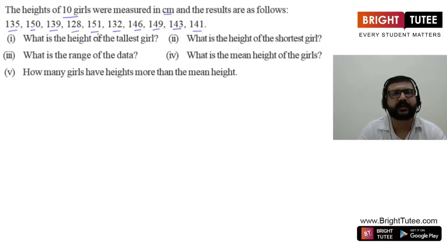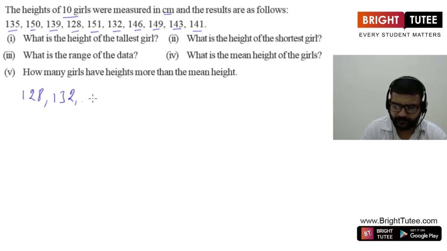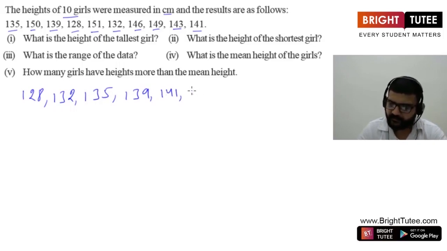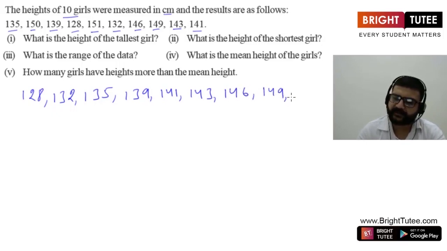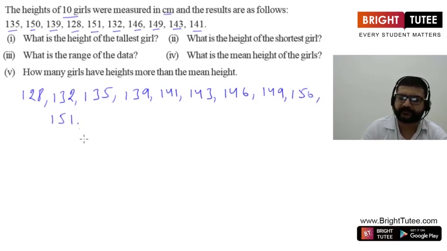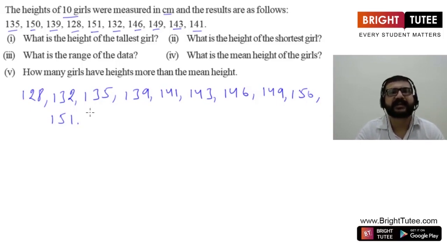The ascending order of this data will be 128, 132, and then we will have 135, and then 139, after that 141, 143, 146, 149, 150, and then we will have 151. So this is the organized form of this unorganized data.